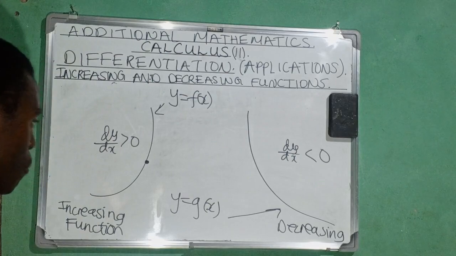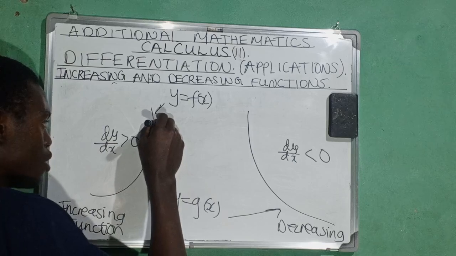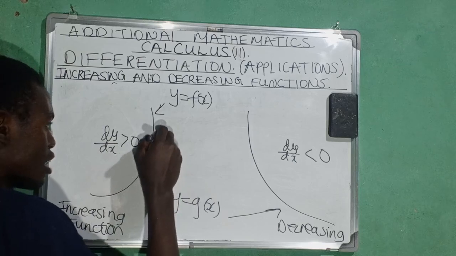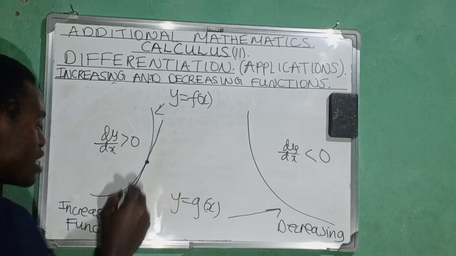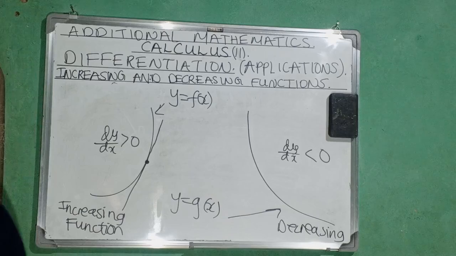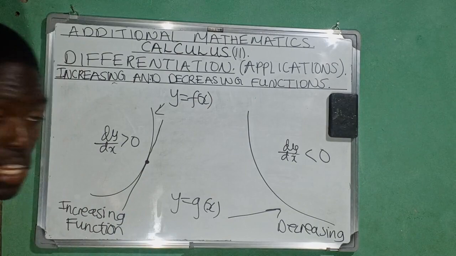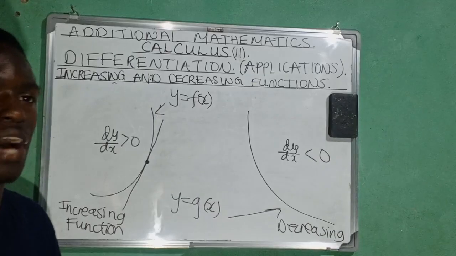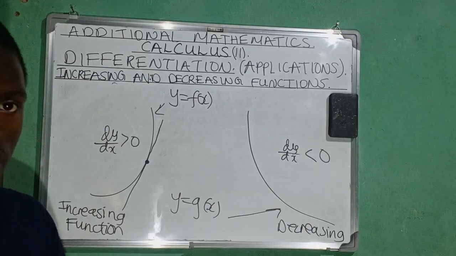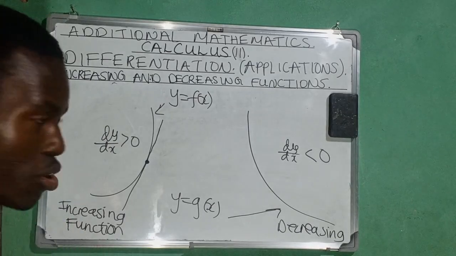Why is it so? Because we have been given a particular point there, and if we draw a tangent line, it is simply a line that is going to touch the curve at that point only. As you can see there, it has only touched the curve at that point. That's how a tangent line is supposed to be: it touches the curve at one point only.